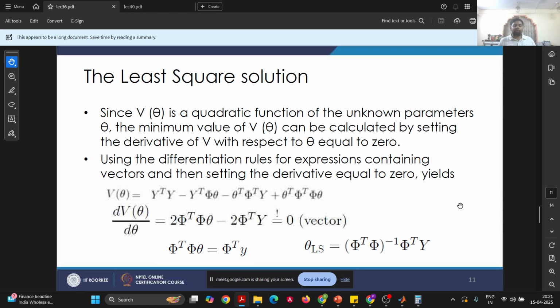Then we get this equation: phi transpose phi into theta is phi transpose y. By solving this equation, we get that the least square estimate of the parameter vector theta is phi transpose phi inverse into phi transpose y.